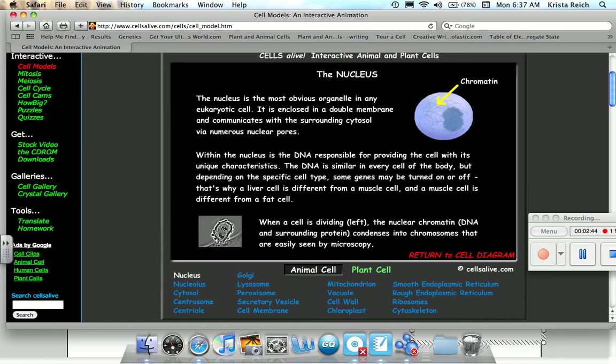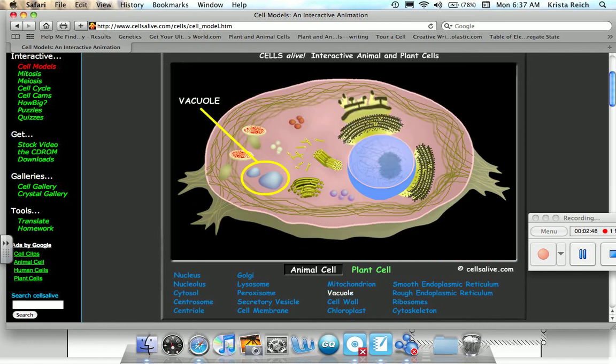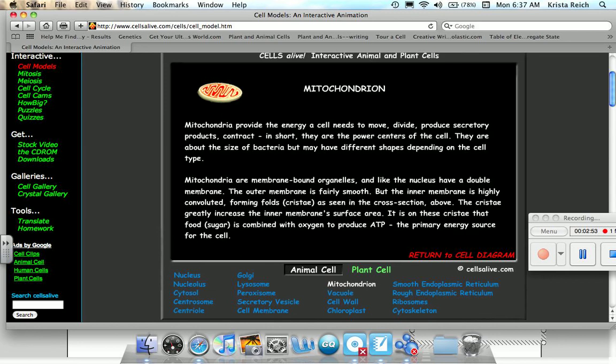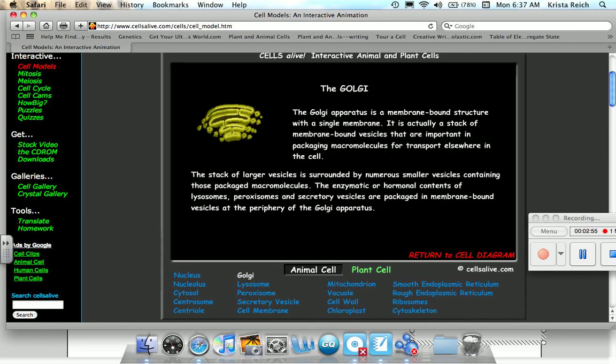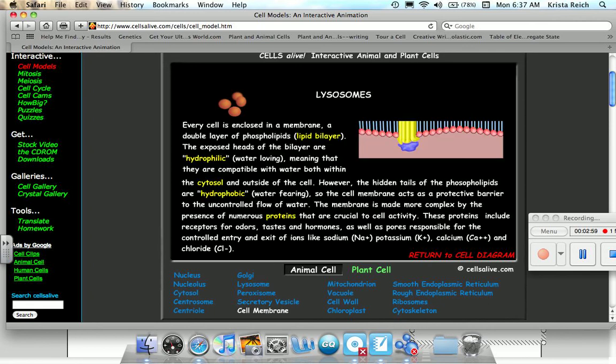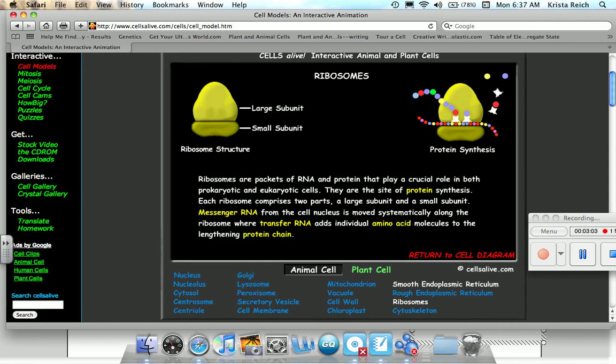Okay, and if you click on it, it'll actually give you some information about the nucleus. Let's see, vacuole, mitochondrion, the Golgi, lysosomes, the cell membrane, ribosomes, and then the smooth ER and the rough ER, you just have to know endoplasmic reticulum.